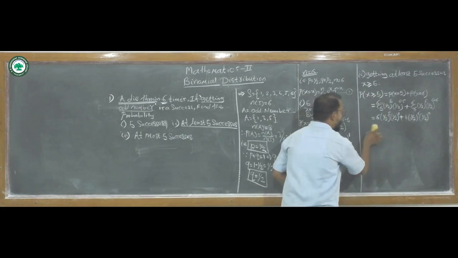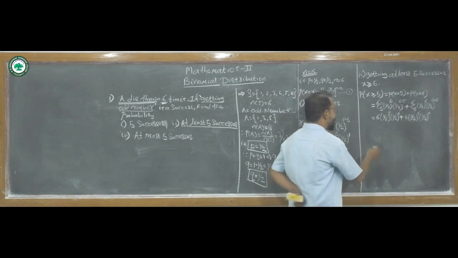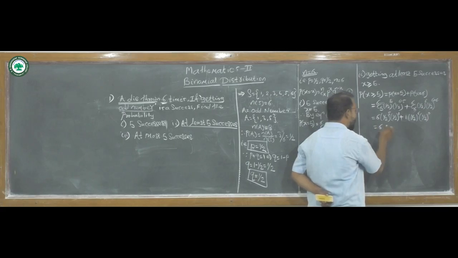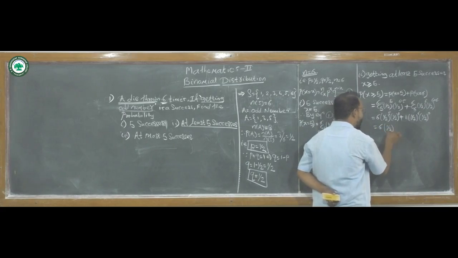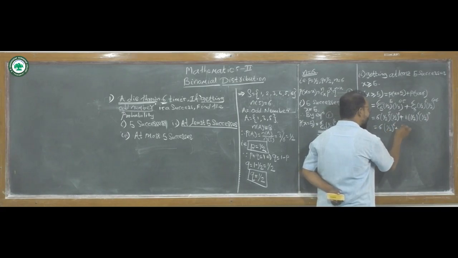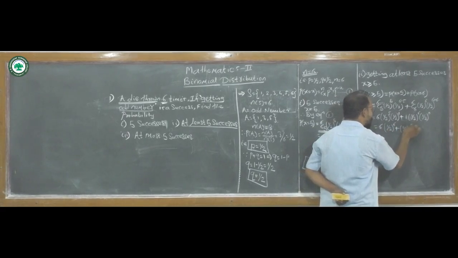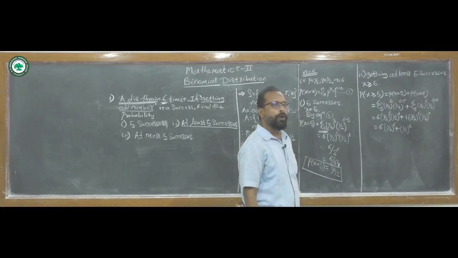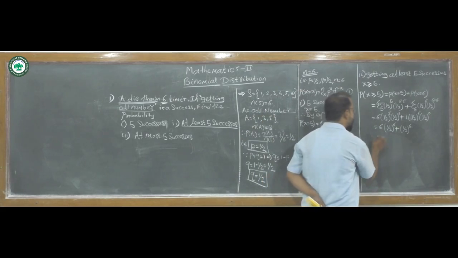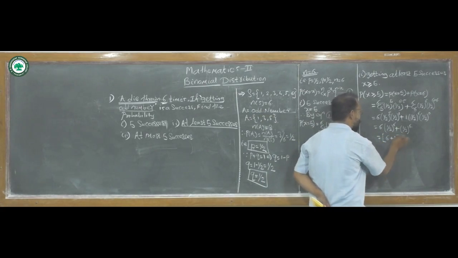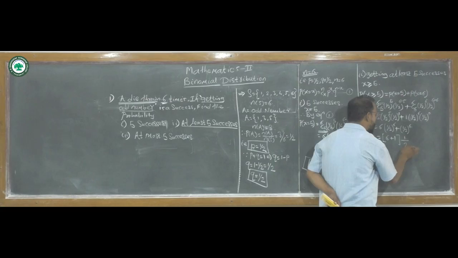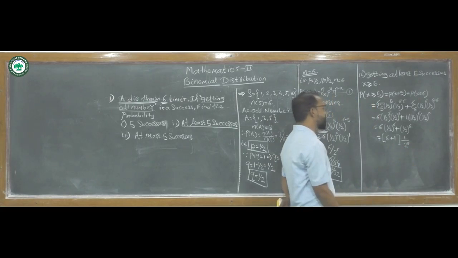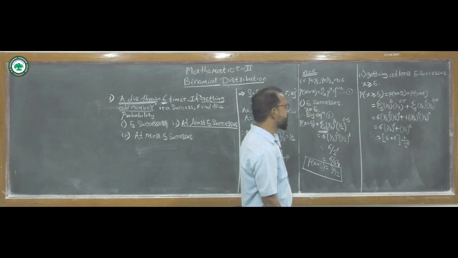So now making these calculations, this becomes 6 into (1/2)^6 plus (1/2)^6 by using the law of indices. Now taking (1/2)^6 as a common factor, we get (6 plus 1) into (1/2)^6.